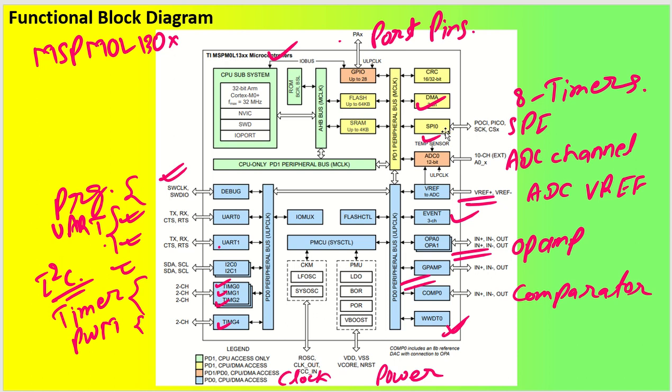It has one SPI, which has POCI. POCI is peripheral output client input. So instead of MISO and MOSI, it is POCI and PICO. Peripheral output client input means the peripheral is the master, so POCI will be equivalent to your MOSI.